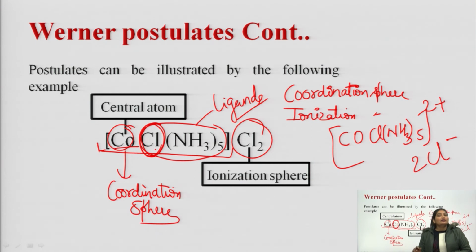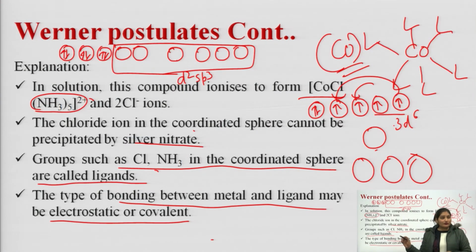Okay. When ionization occurs, the compound ionizes to form [CoCl(NH3)5]2+ and 2 chloride ions.